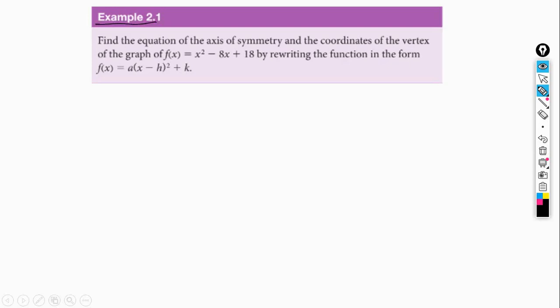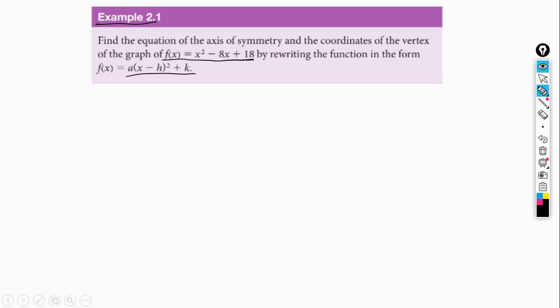It says, find the equation of the axis of symmetry and the coordinates of the vertex of the graph of f of x equals x squared minus 8x plus 18 by rewriting the function in the form f of x equals a times (x minus h) squared plus k.